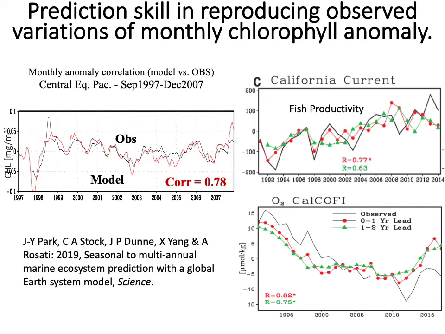We were also able to connect the correlation skill to an estimate of fish productivity in some regions with a 0 to 1 and 1 to 2 year lag.